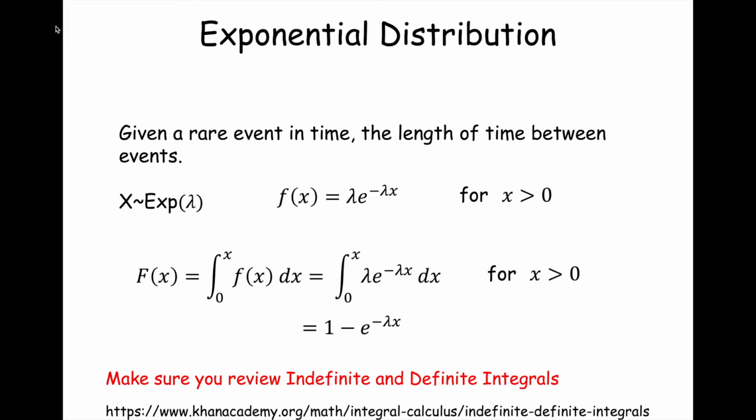So what does that say? That says if I make that substitution where everywhere I see minus lambda x, I write u, that means everywhere I have a dx, when I substitute that with a du, I also carry this multiplicative factor of minus 1 over lambda.